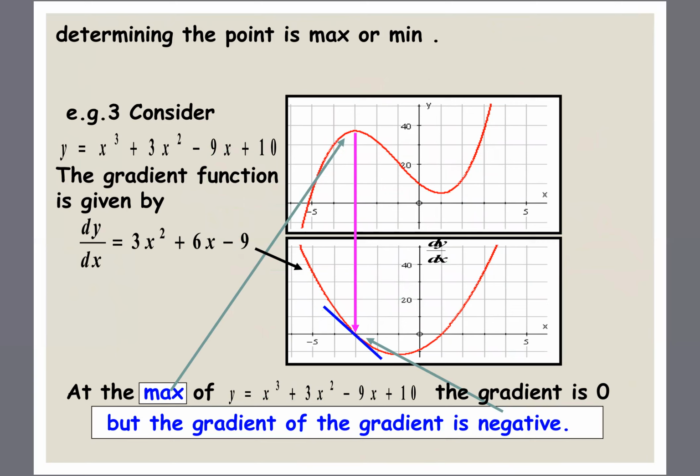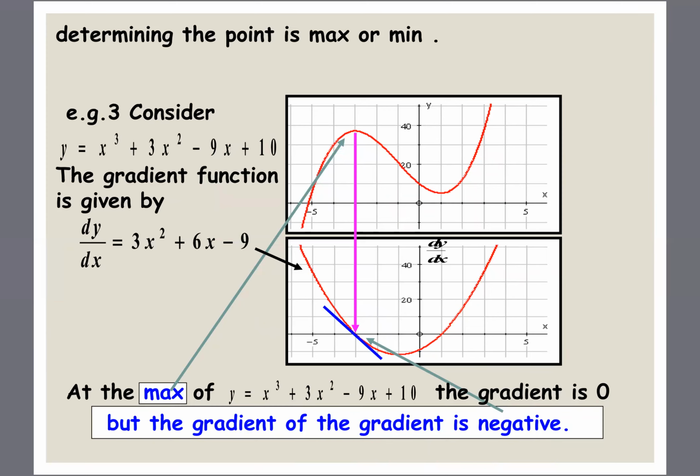Now you can see this is again the graph of the same function.